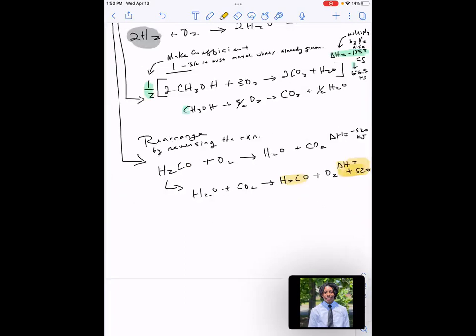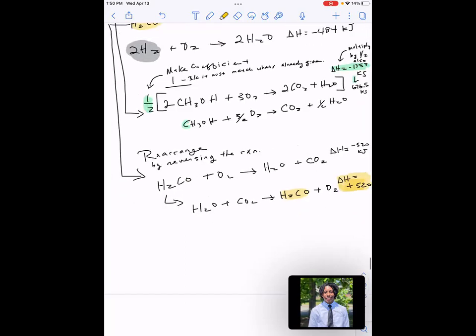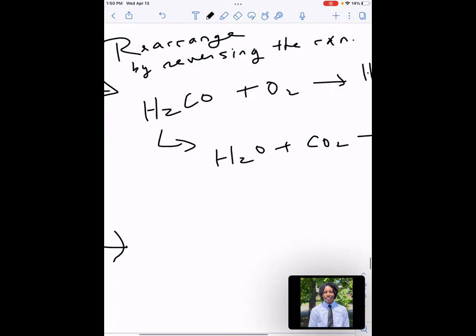All right. And now I want to rearrange that last equation right here because I also want to put H2 as a product. So I'm going to rearrange that. And rather than rewriting this one, I'm just going to show it as rearranged. So we're going to rearrange the same way by reversing the reaction.